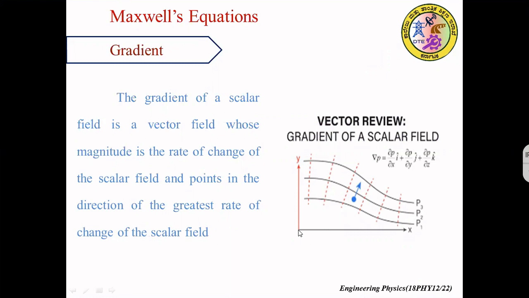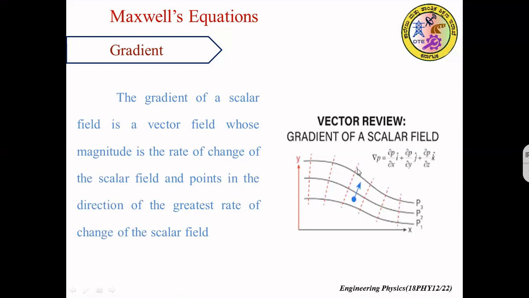If the AC is switched on, we can observe that the points which are close to the AC will be at a much lower temperature compared to the points which are farther away. So if you consider the lines P1, P2 and P3 here and the AC at the origin, the temperature will be lower at P1 compared to the temperature at line P2 and the temperature at line P3.